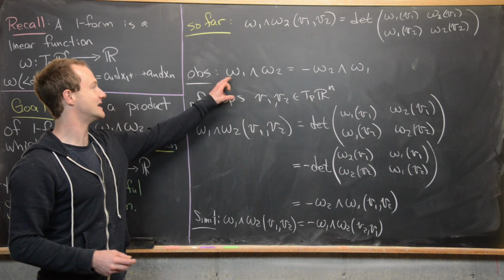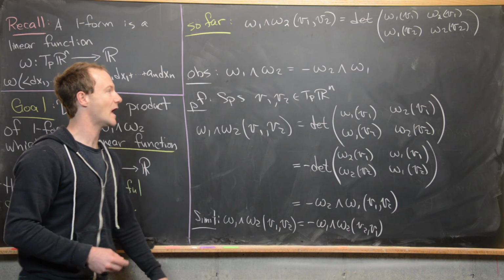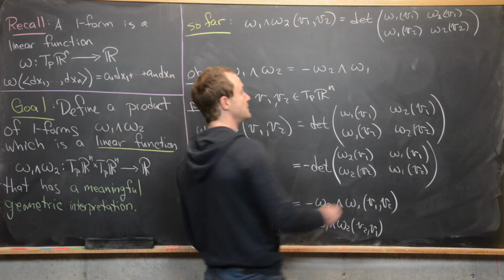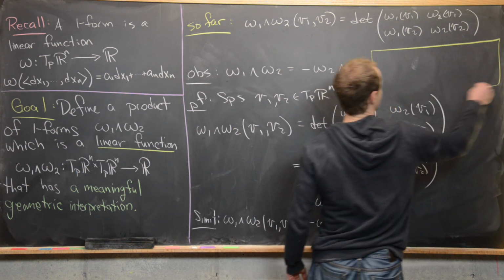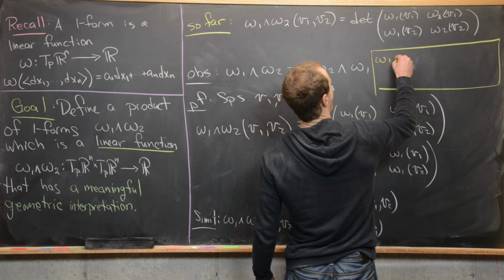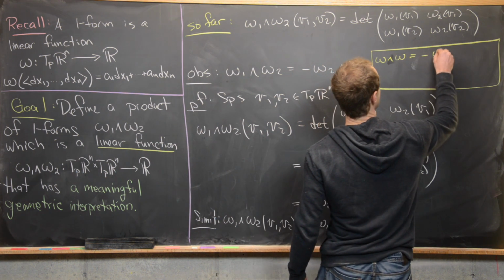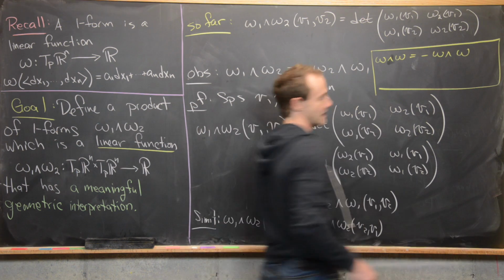Okay, and now one more thing before we clean up this board and do something else for the video. If you have omega 1 wedge omega 2 is negative omega 2 wedge omega 1, well then that immediately implies that omega wedge omega is equal to negative omega wedge omega.